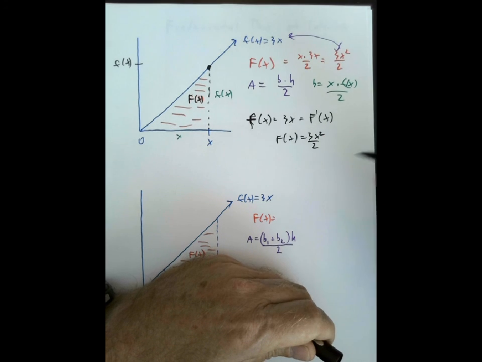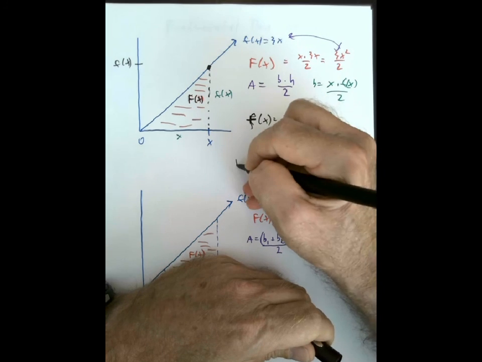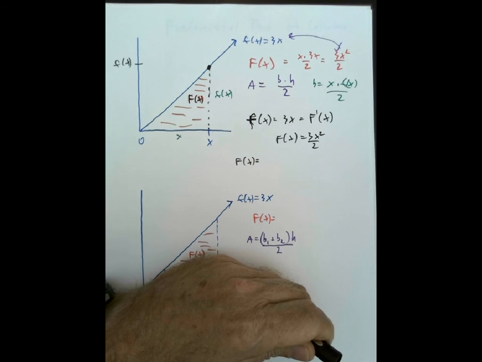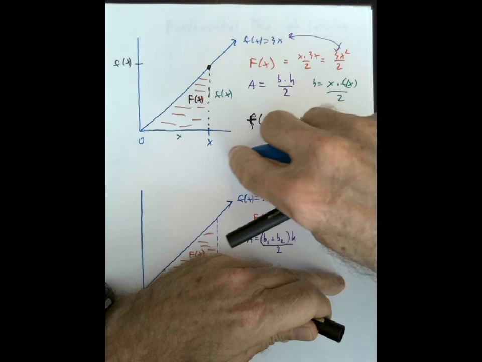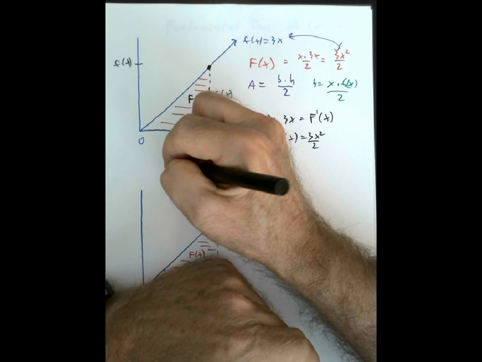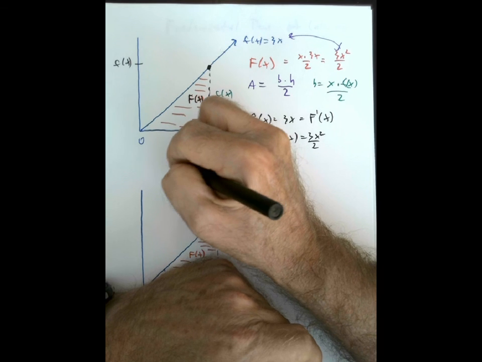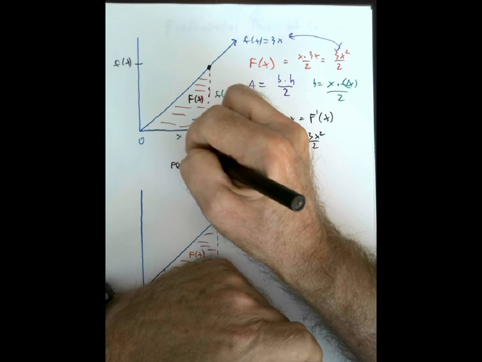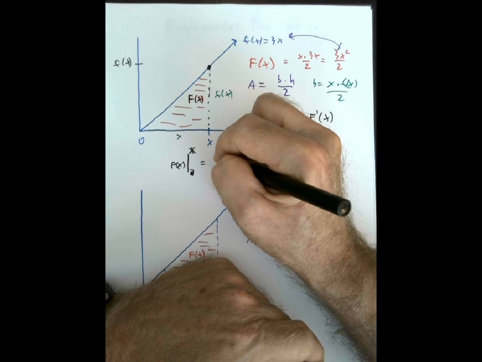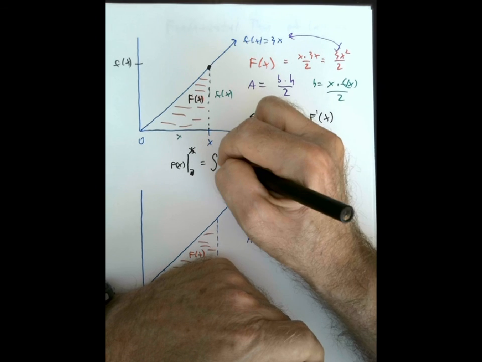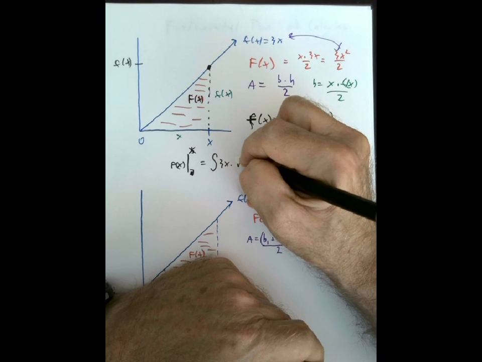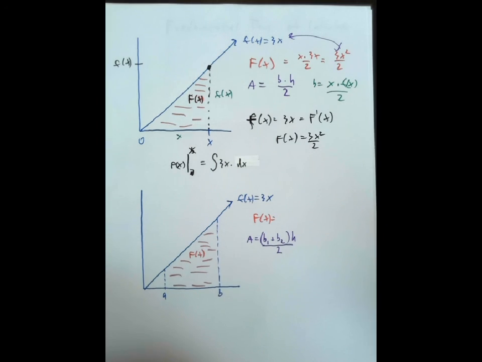So in other words, F of x evaluated from 0 out to x is going to be this definite integral of 3x times dx.